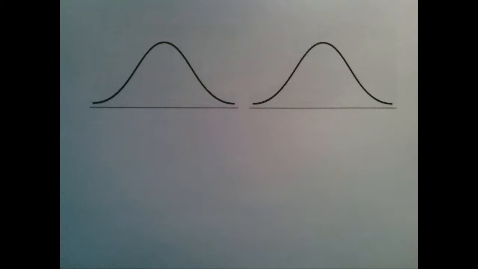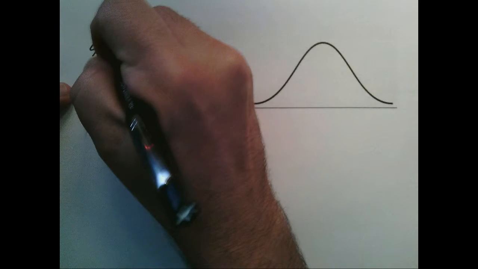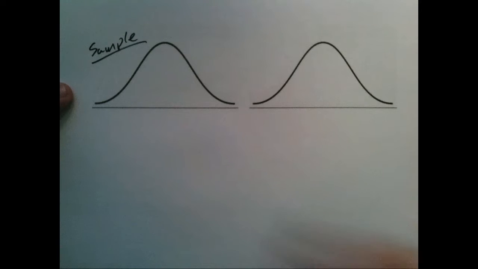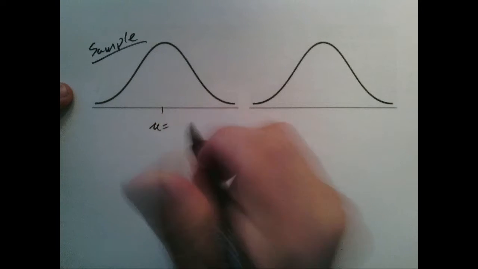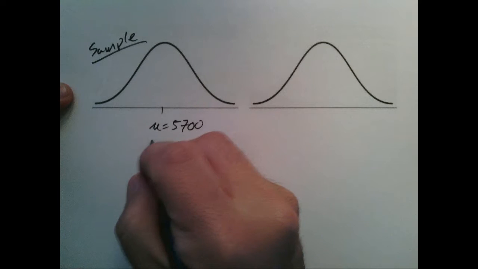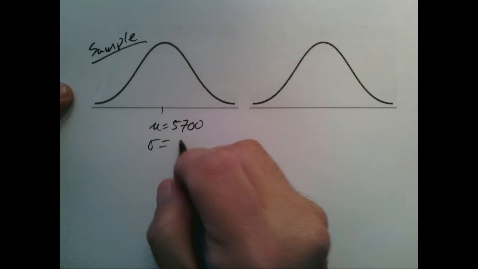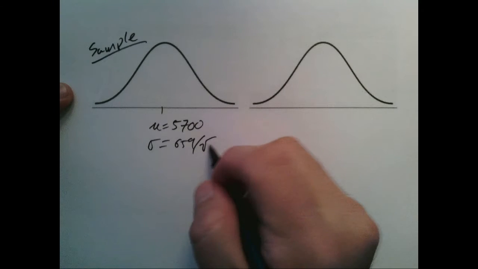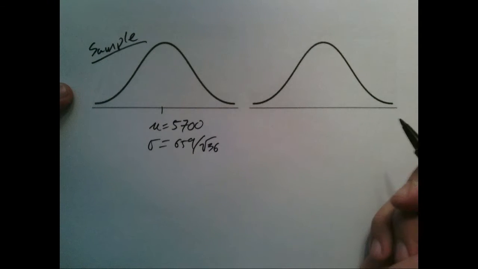Alright, so from here I'm going to perform my test. Okay, so now that we're going to do our hypothesis test, let's label our graphs the way we always would. Now remember, we're coming from two different places. We got two different things we're looking at. We're looking at our sample world, and over here in our sample world we have our mu is equal to 5,700, and we have our standard deviation is 659 divided by the square root of 36, the sample size.